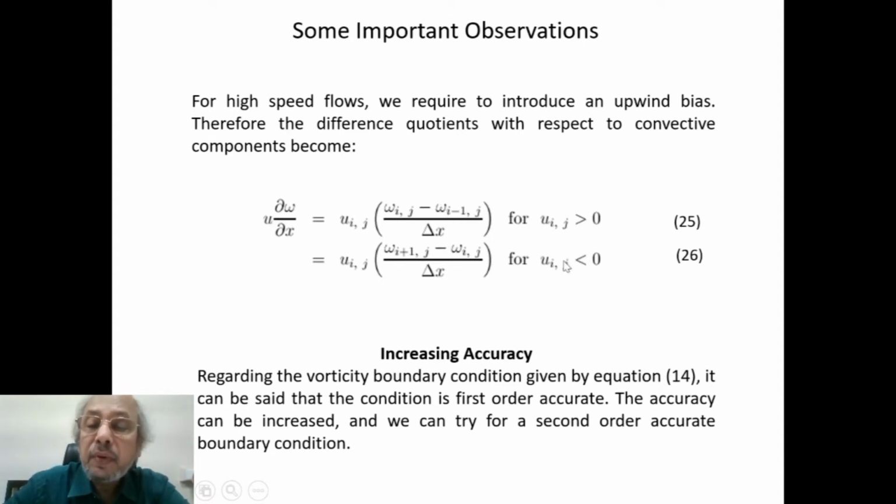And if the local velocity is negative, then (omega_i+1,j, the downstream point, minus omega_ij) by delta x. So this is simple upwinding, and if needed, we can go for higher order upwinding also.